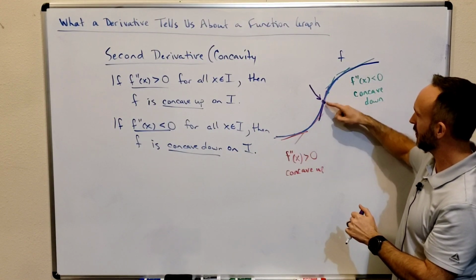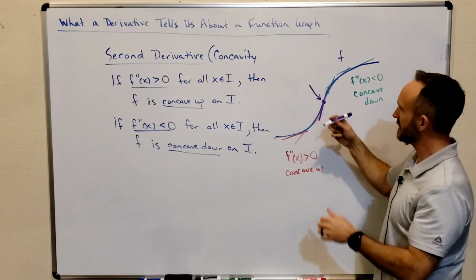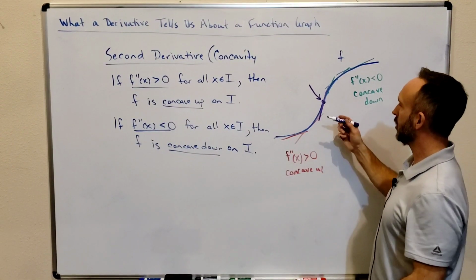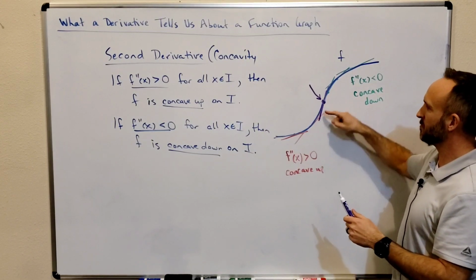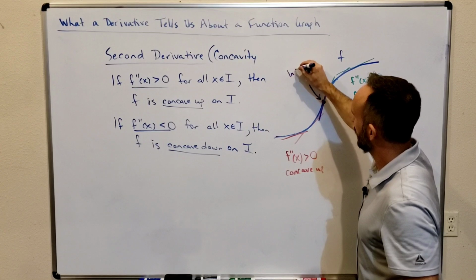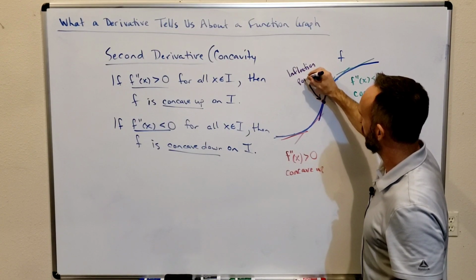It went from concave up to concave down. Okay? So this point is not a local maximum or minimum, but it's a change in the way the curve is bent. All right? It's called an inflection point. We have an inflection here in the curve. We have an inflection point.